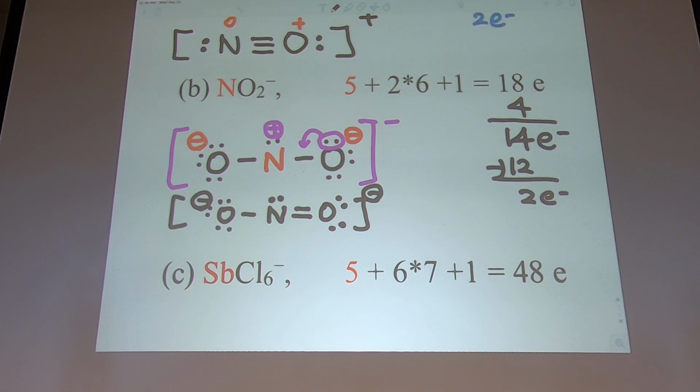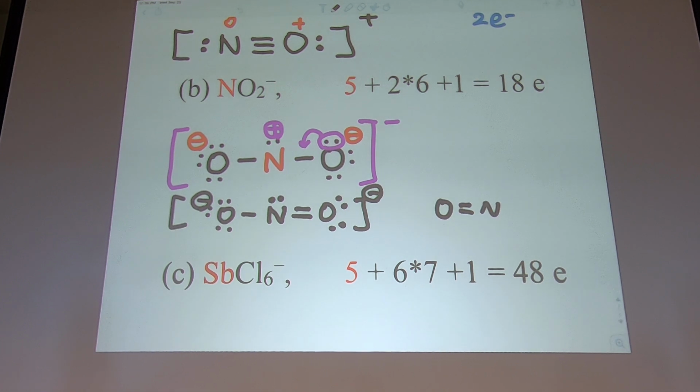So that's the resonance structure. Then somebody will say, well, why does it have to be this way? So let's delete this. Can I write oxygen double bond nitrogen single bond oxygen like this?